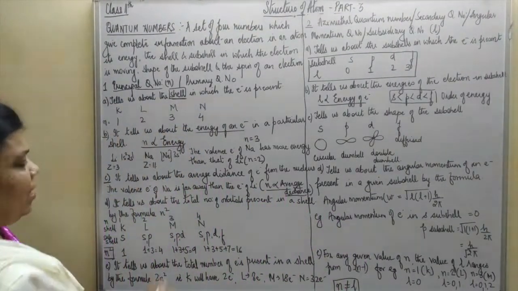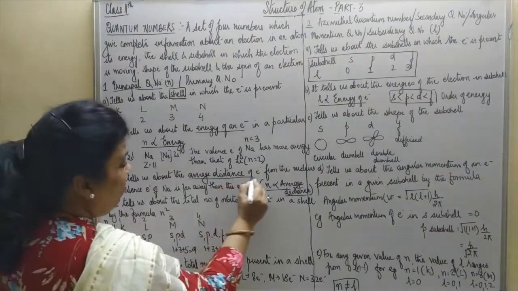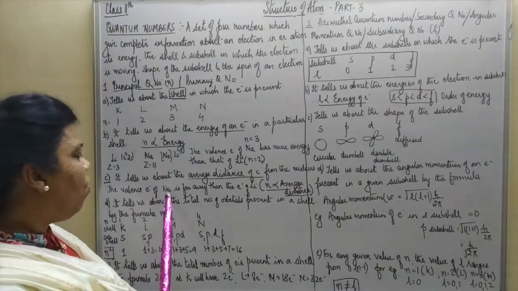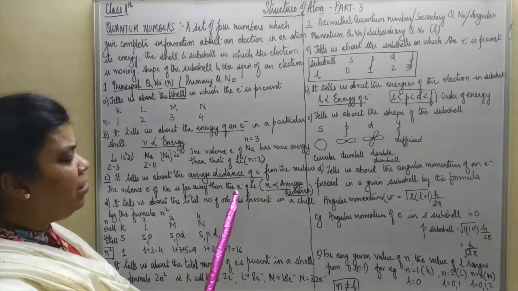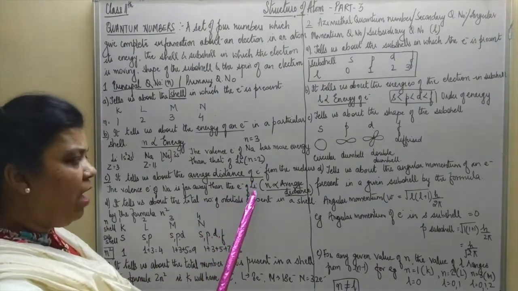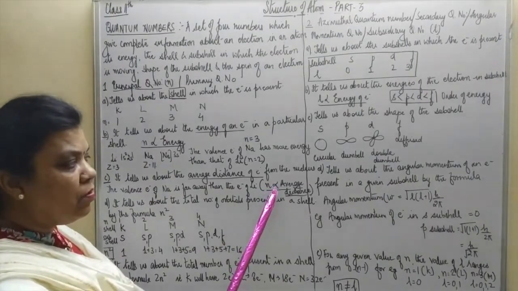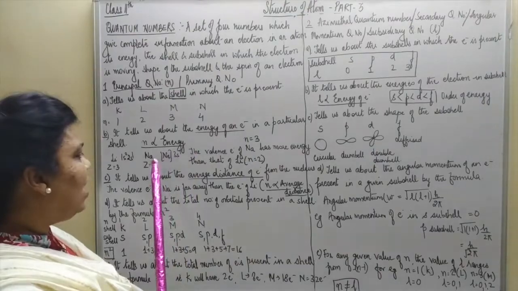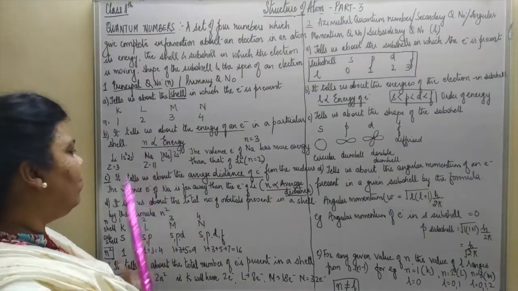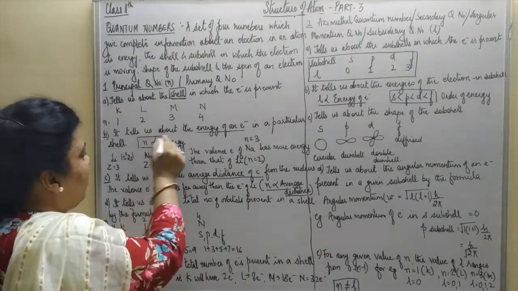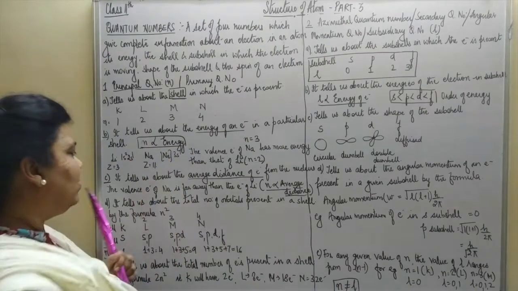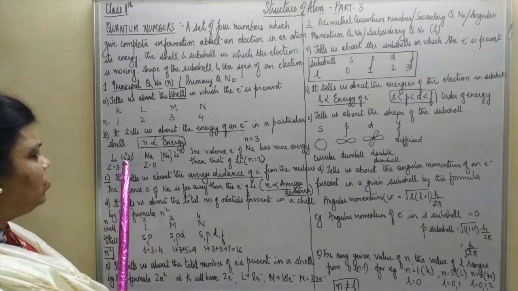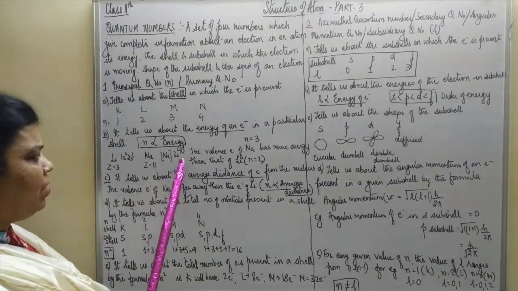Number 3, it tells us about the average distance of the electron from the nucleus. The valence electron of sodium is farther away than the valence electron of lithium. Why? Because the n value is also directly proportional to the average distance, just as it was directly proportional to the energy. Take again this example: lithium 1s2, 2s1, sodium neon 3s1.